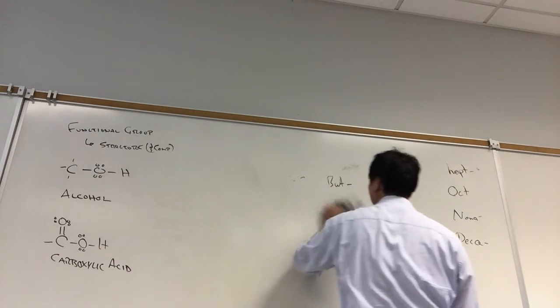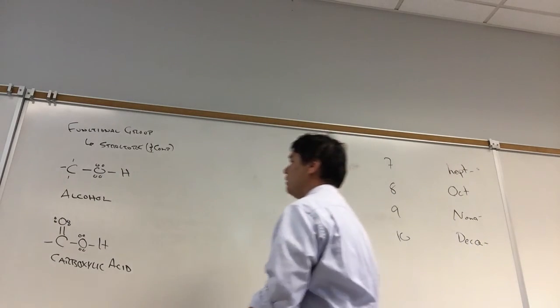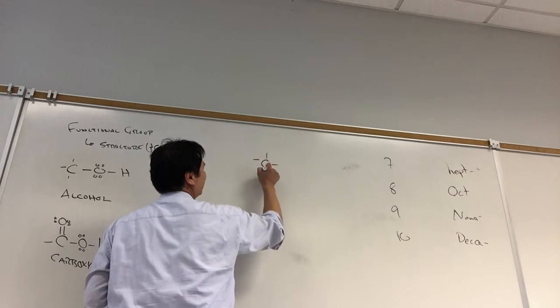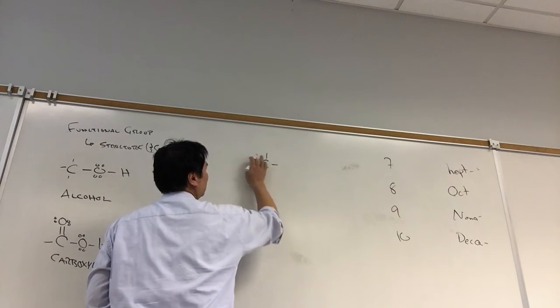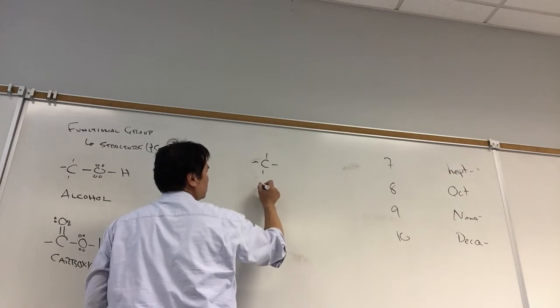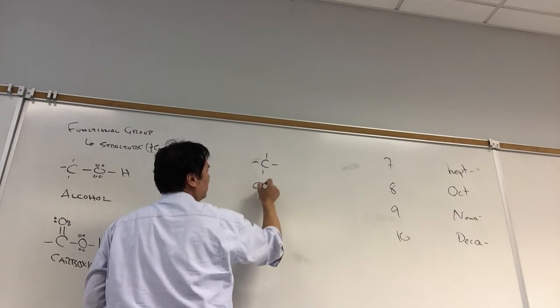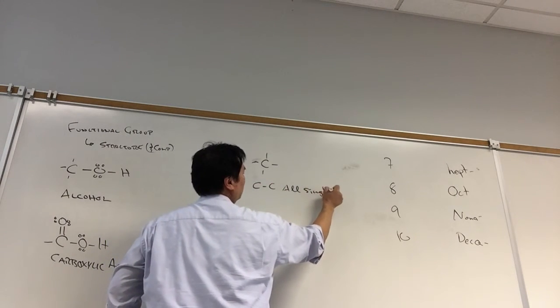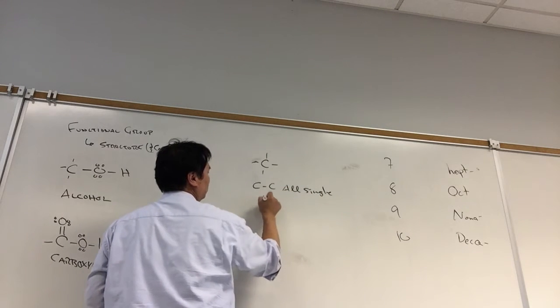We can also have functional groups just based on the bonding itself. So for example, if we have all single bonds in this, all the carbon-carbon bonds single (carbon-hydrogen bonds are always single), we call this an alkane.